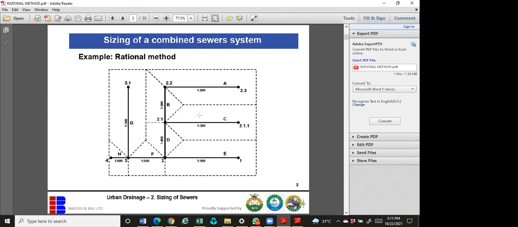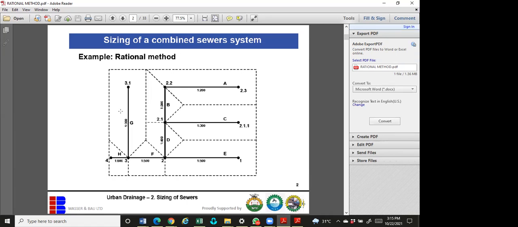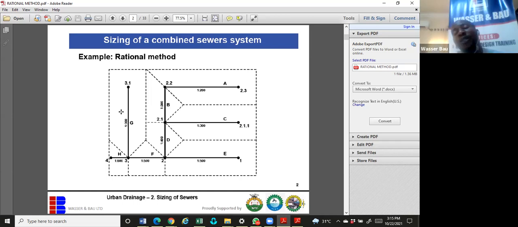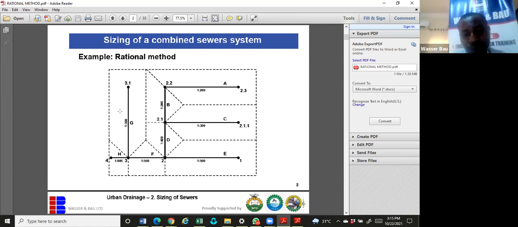Then if it is a storm that you are designing, it simply means there's no wastewater treatment plant, but the water will simply go into the open water body, provided the suspended materials or the contamination is not too much.